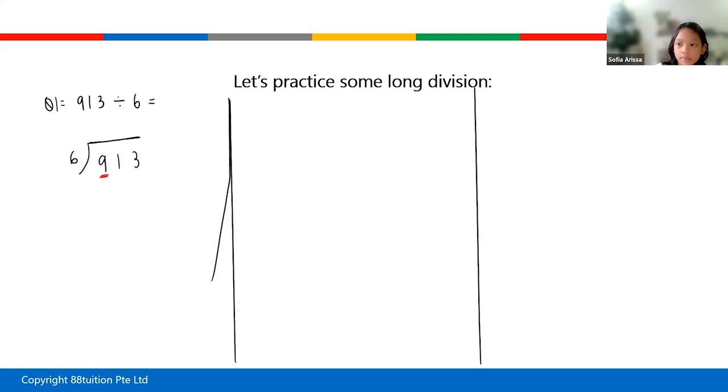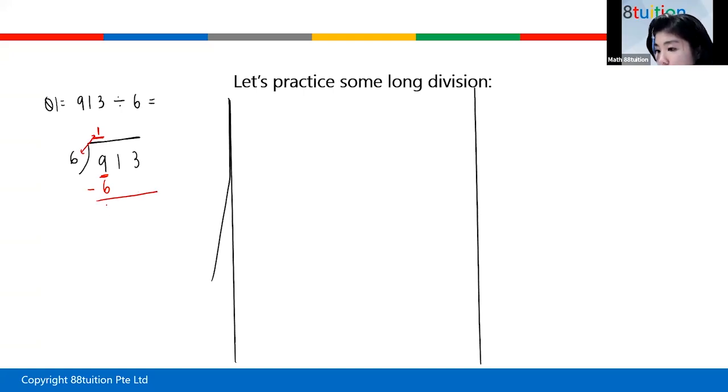No. So what is the closest number to 9 that can be divided by 6 but is smaller? 6. Good. So I'm going to write minus 6 at the bottom, correct? And what do I write on top here? 1. Fantastic. So basically 6 times 1 gives me 6, and I'm left with 3.